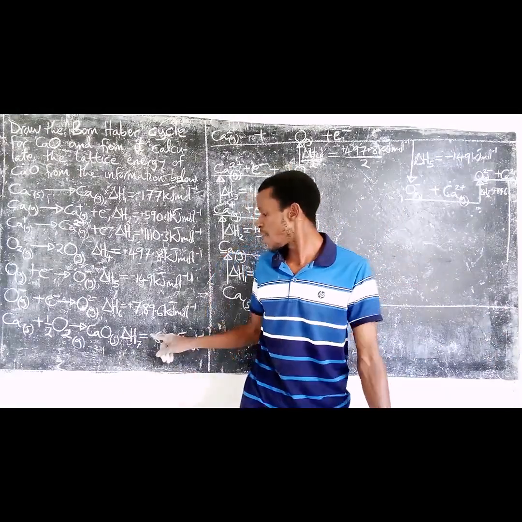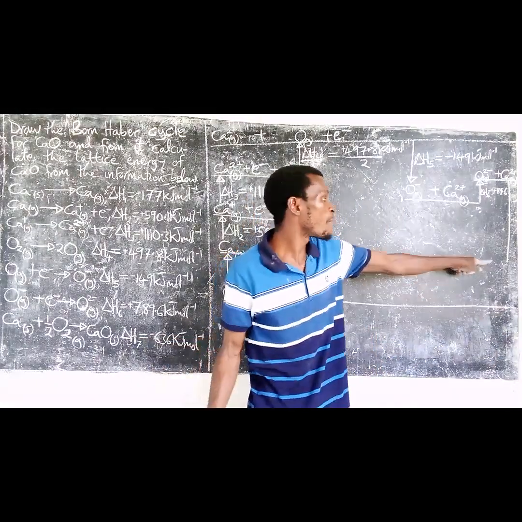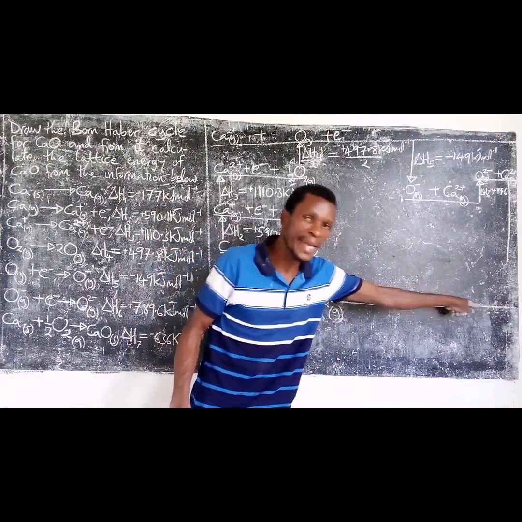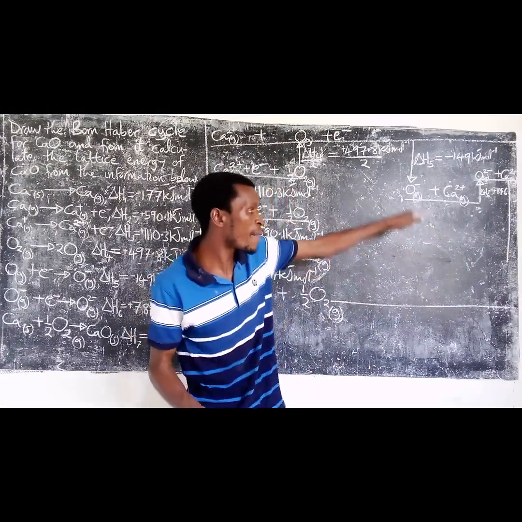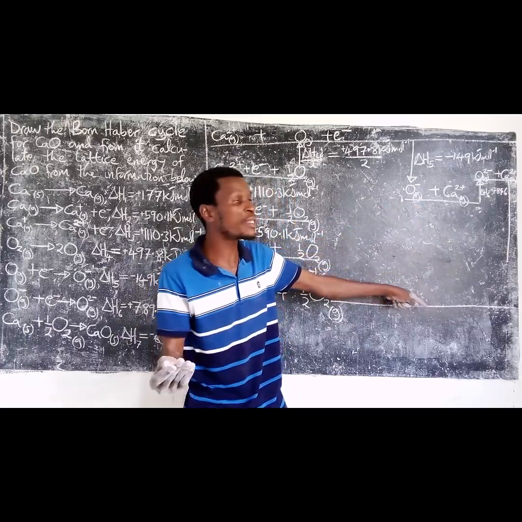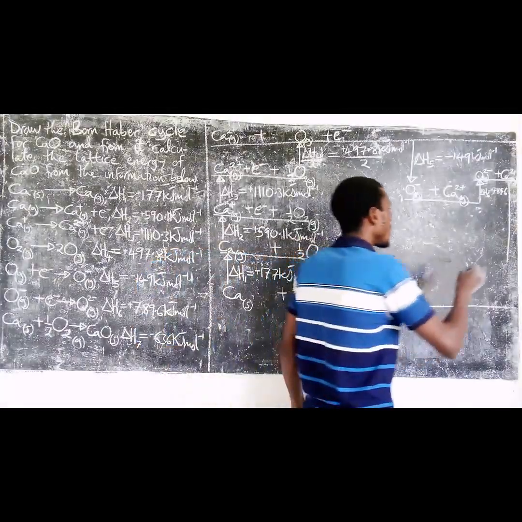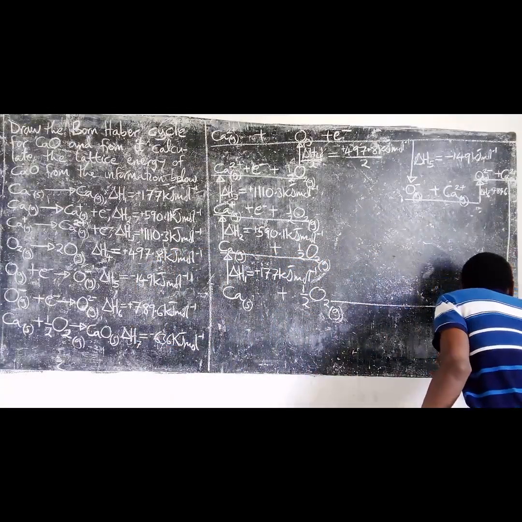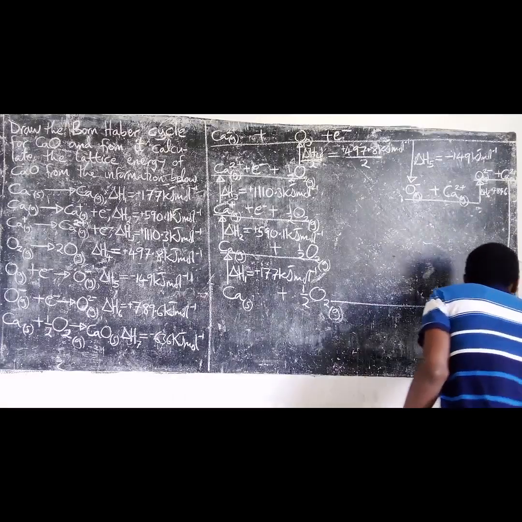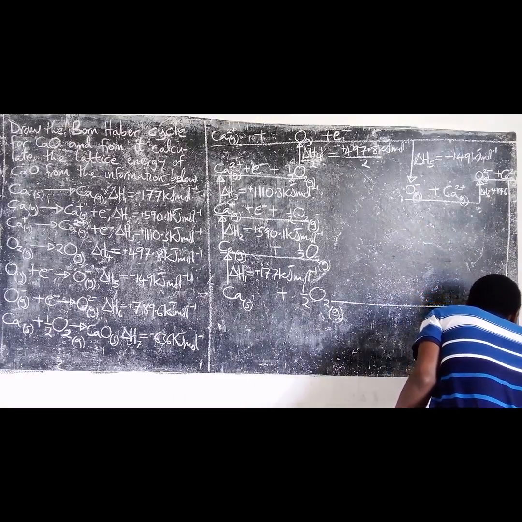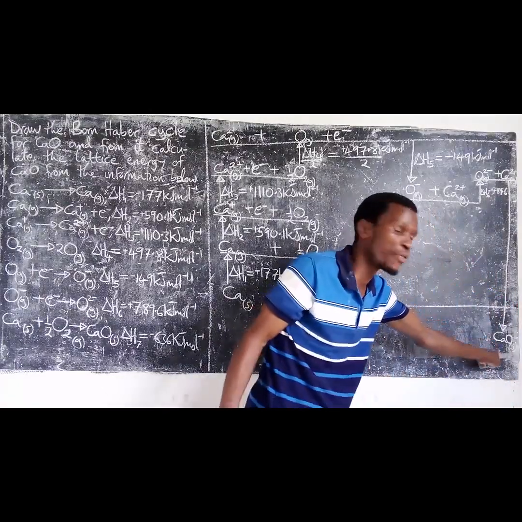But if it were positive, the product would be formed above this 0 line. Any number above 0 is positive; any number below 0 is negative. Now the product calcium oxide is formed below, and it exists in solid form.